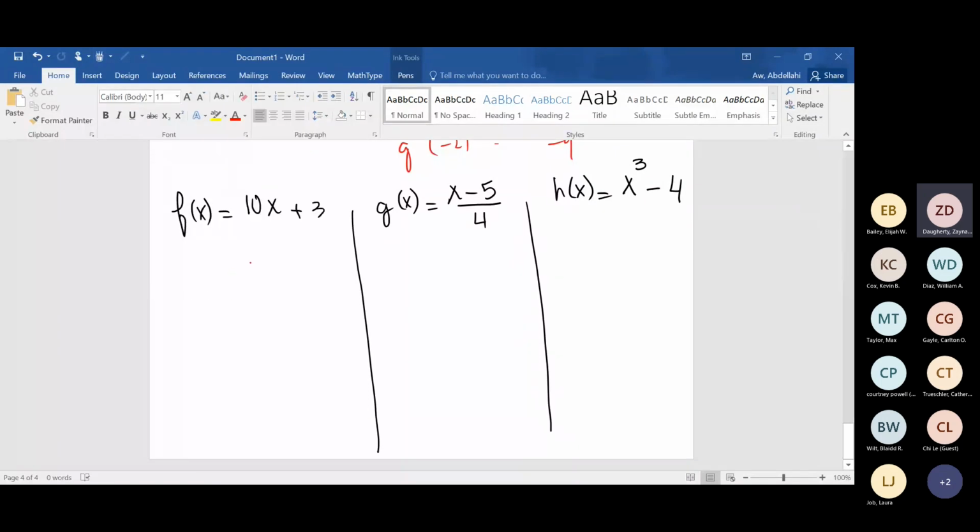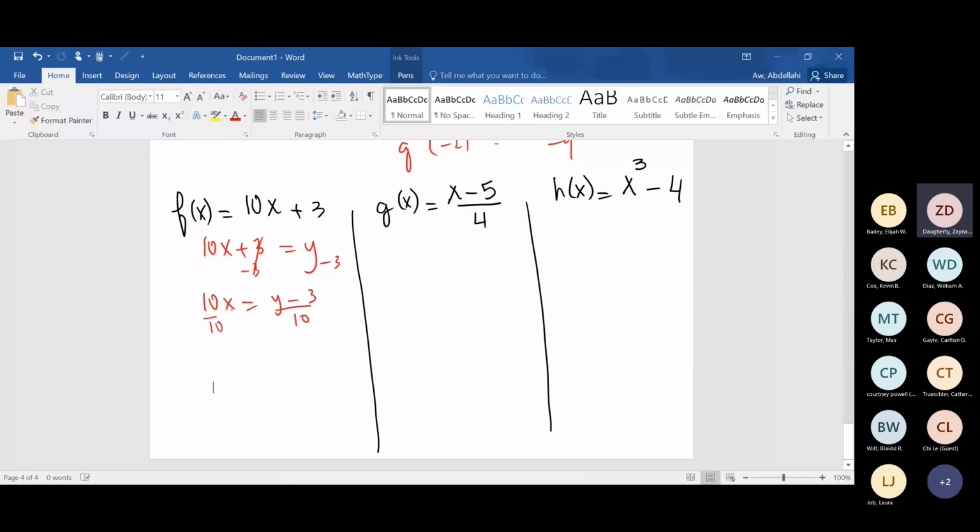So what do you do first? We set the equation equal to y: 10x plus 3 equals y. Then subtract 3 from both sides. Thank you. We get 10x equals y minus 3, and then you divide y minus 3 by 10.